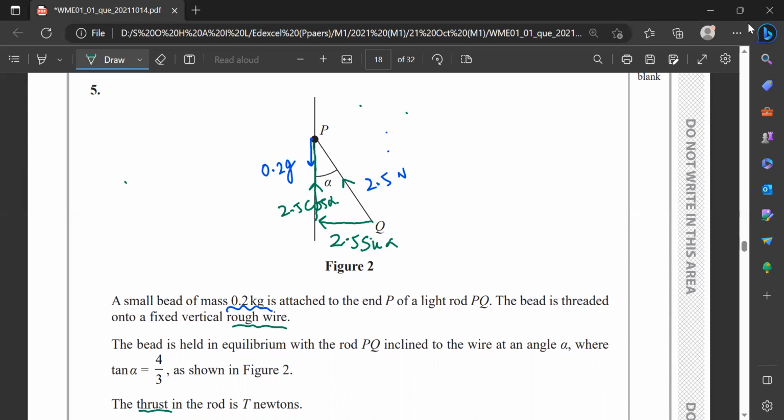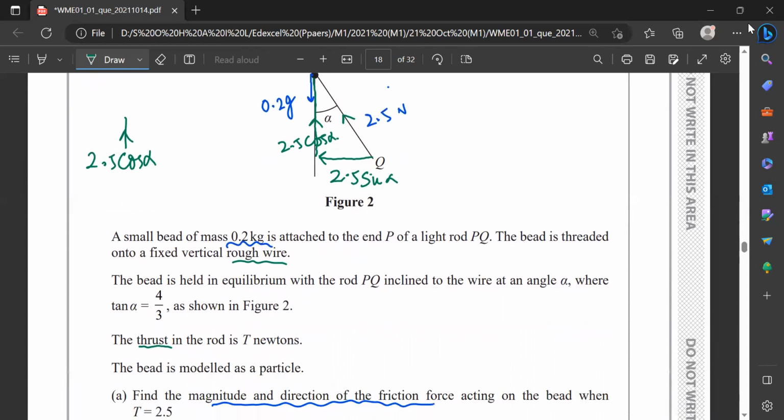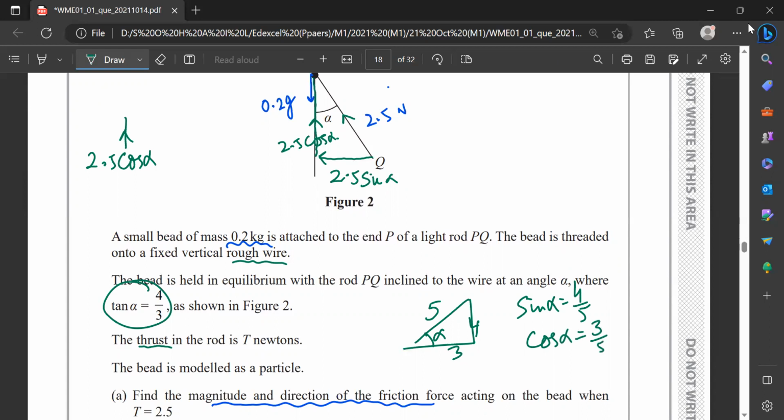So the upward force is 2.5 cos alpha. From this information, you can complete a triangle, and tan alpha we know is 4/3. So by Pythagoras theorem you can find the hypotenuse, so sin alpha is 4/5 and cos alpha is 3/5.